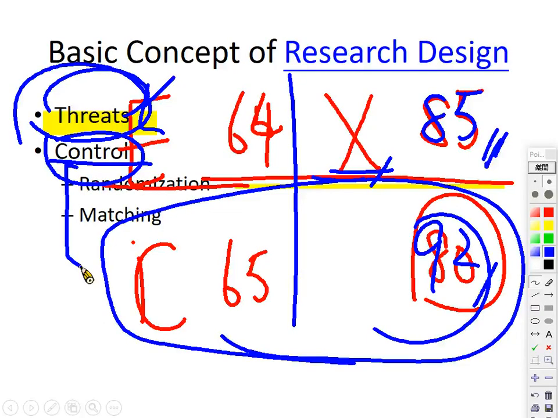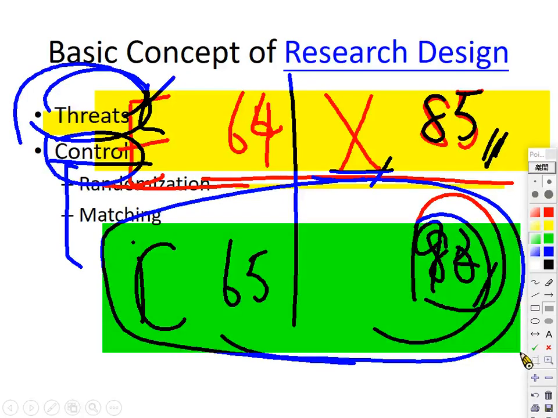When we try to control, we try to make another group for comparison, a comparison group that should be equal to the experiment group. In this case, this is the experiment group, right? And this is the control group. Then let's think about this. They should be equal, or otherwise it will be very difficult to compare.